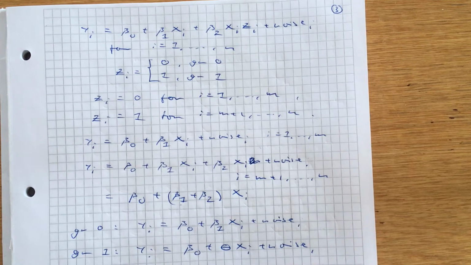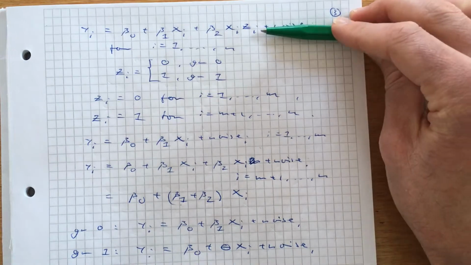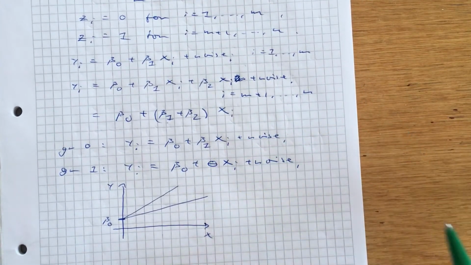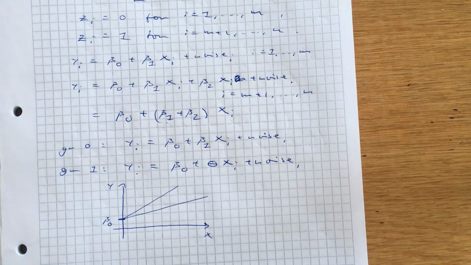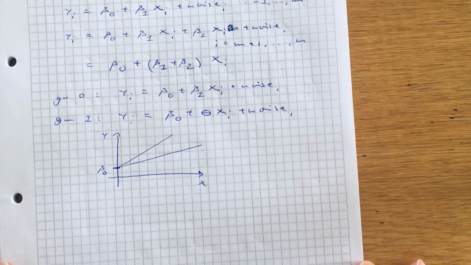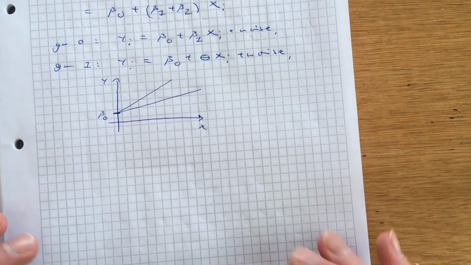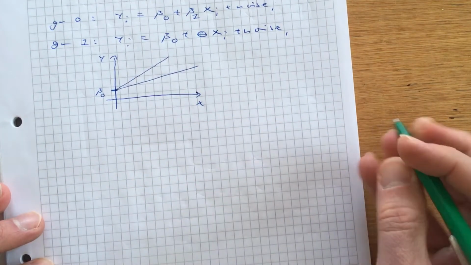Okay. So now we went from this model to these two models. Suppose now that instead we have two groups.